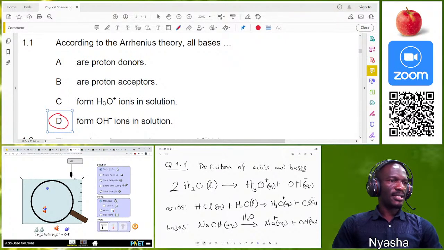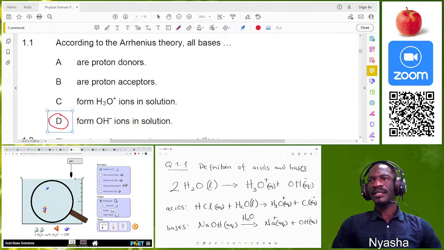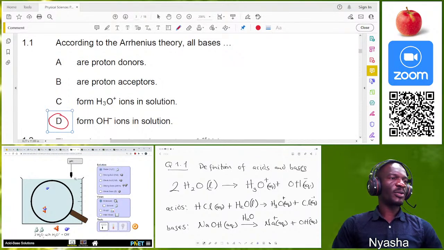Like I said, this is an equilibrium equation. Water spontaneously dissociates to hydronium and hydroxide ions. In this small demonstration, I hope you can see it clearly on your screens. It shows you that when water dissociates to hydronium and hydroxide ions, you would have water at a certain pH.